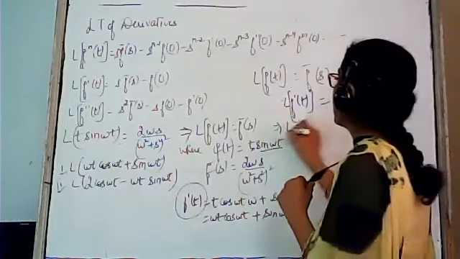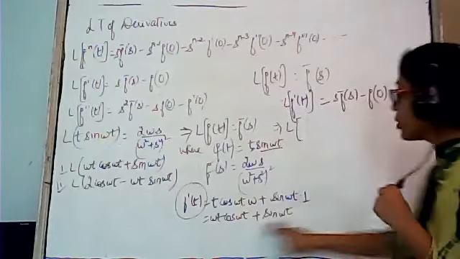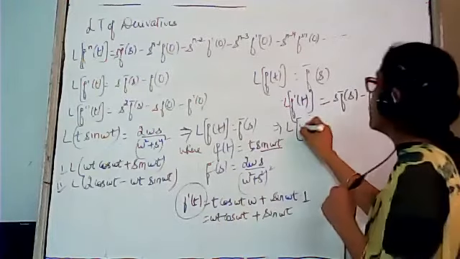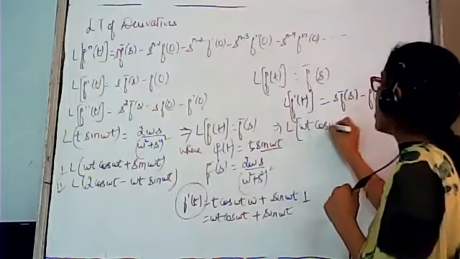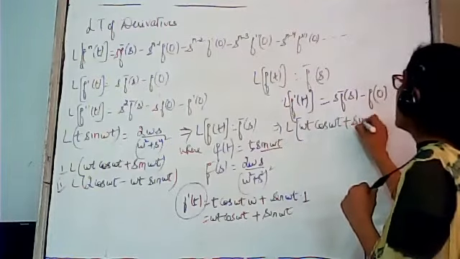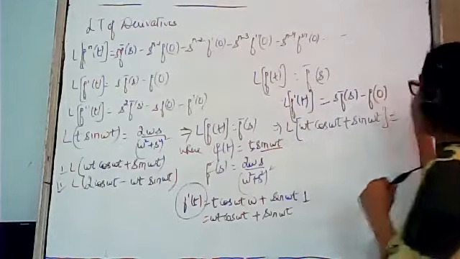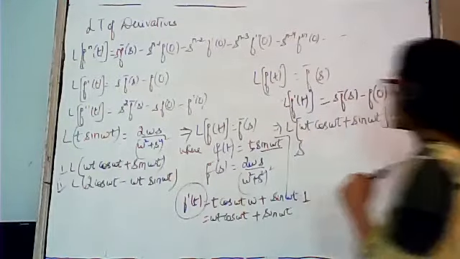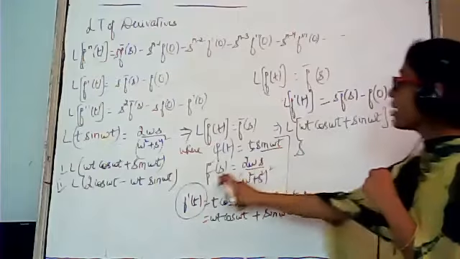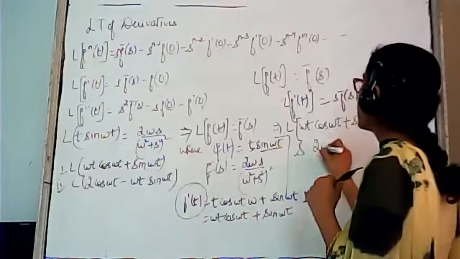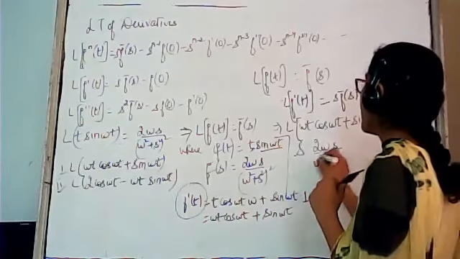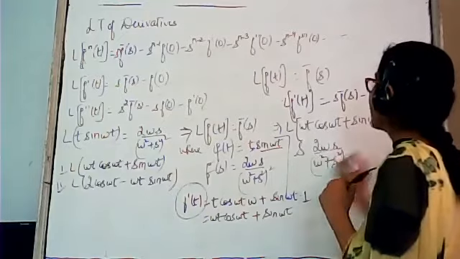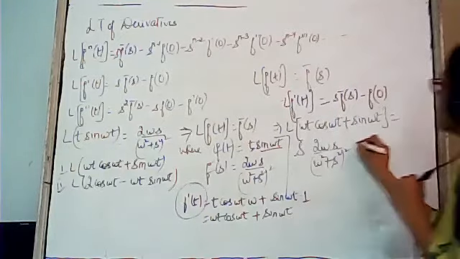Substitute the value f dash t. We have the value of f dash t as omega t cos omega t plus sin omega t equals to S. S will remain as it is. F bar S. What is the value of F bar S? F bar S is 2 omega S upon omega square plus S square the whole square minus.